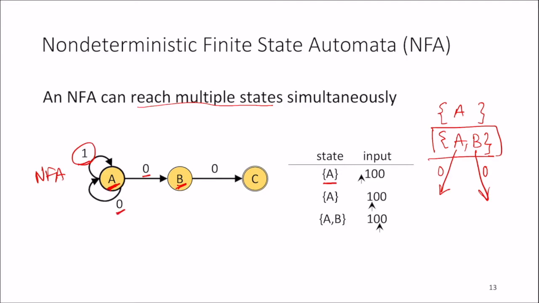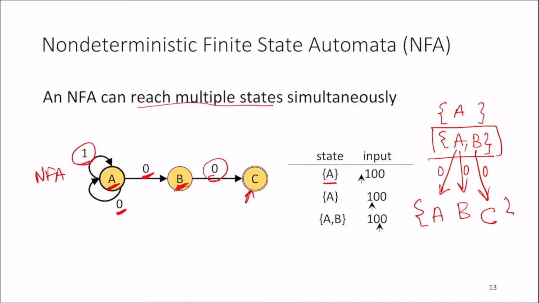Yes, there is. It goes to A. Is there a transition on A on 0 that goes to a different state? That's also true, right? So A, remember, has two transitions out of A on 0. One of them goes back to A, the other one goes to B. So from A, I can go on a 0 to A and B, and from B, I can take this transition and end up at C.